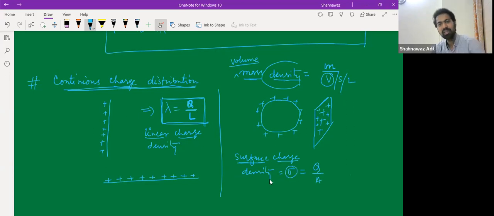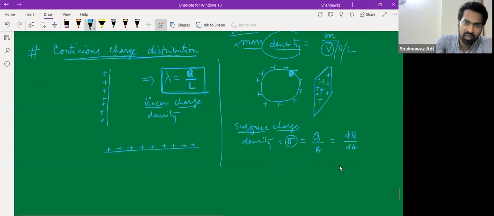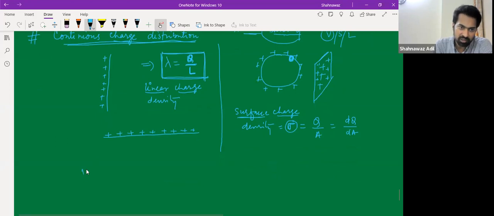If I tell you about uniform charge density, it will remain the same for a small charge and small area also. So if the density is uniform, it will be the same as the total density. Understood? Yes, sir. And then lastly, we have the volumetric charge density.